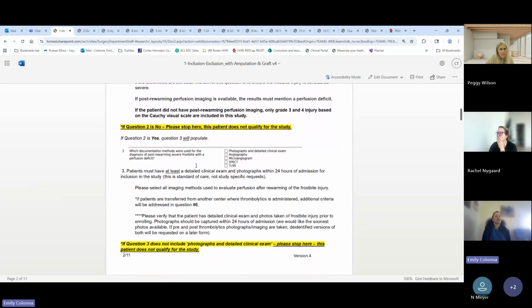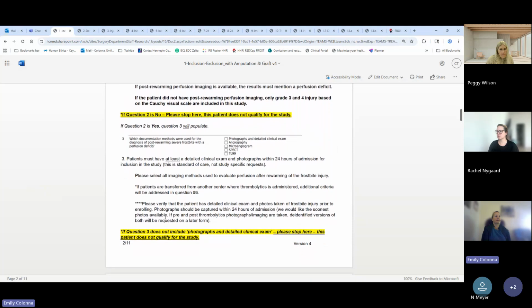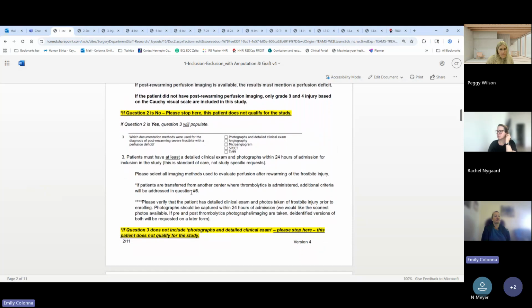Patients must have at least a detailed clinical exam and photographs within 24 hours of admission. Select all the methods used to evaluate perfusion after rewarming of the frostbite injury. If patients are transferred from another center where thrombolytics were administered, additional criteria will be addressed down below in question 6.